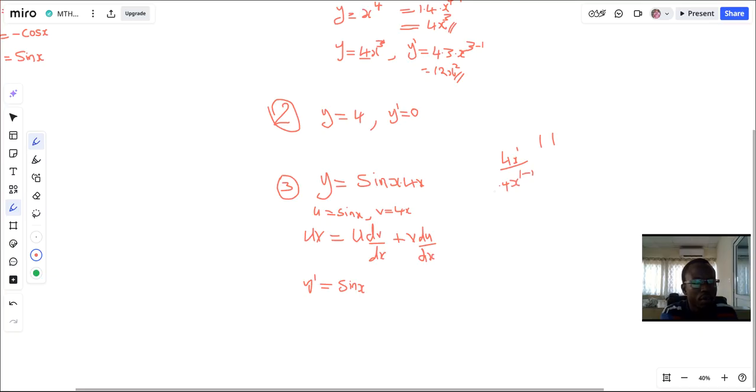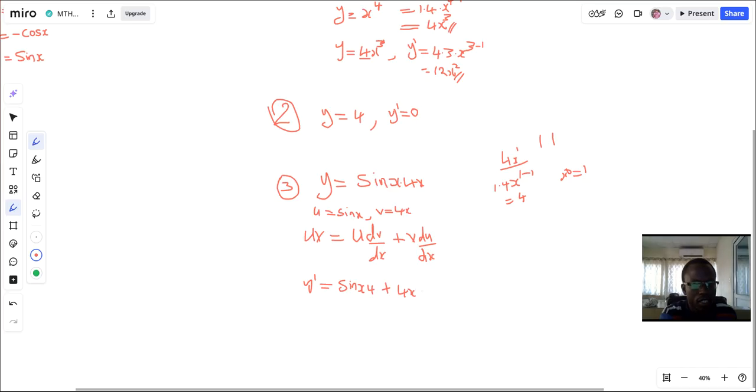If you want to put the coefficient, you say a n x^(n-1), which will result in 4, because 1 minus 1 is 0. Anything power 0 is equal to 1. So dv/dx is equal to 4.